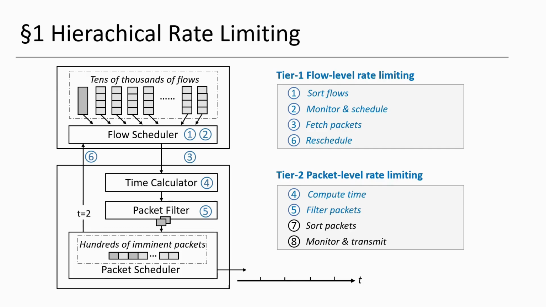Next, reschedule. The packet scheduler notifies the flow scheduler to update the head packet transmission time and reschedule it for next time. Next, sort packets. The packet scheduler then sorts these imminent packets based on their transmission time, and at last, monitor and transmit. The packet scheduler monitors the current system time and transmits the nearest packet on time.